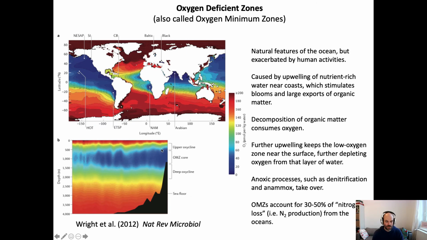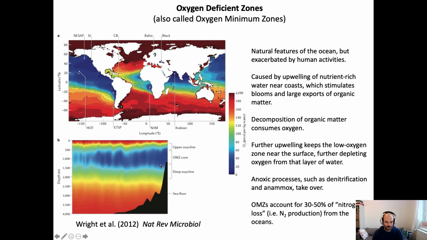All of that dead phytoplankton and fish poop gets consumed. And if there's enough fish poop and dead phytoplankton, you can deplete all of the oxygen just below that highly productive fishery, and you get fun anaerobic microbial processes like denitrification and anammox because of that confluence of conditions.